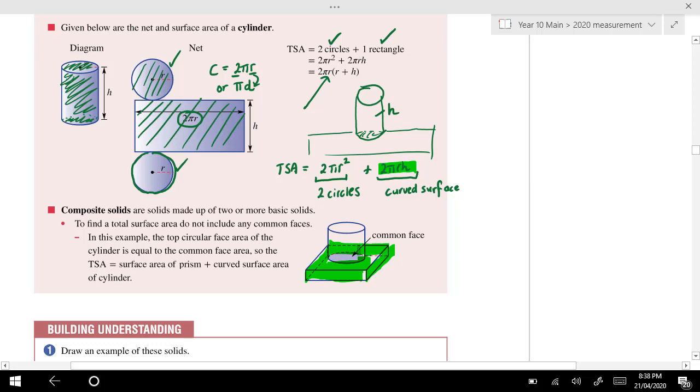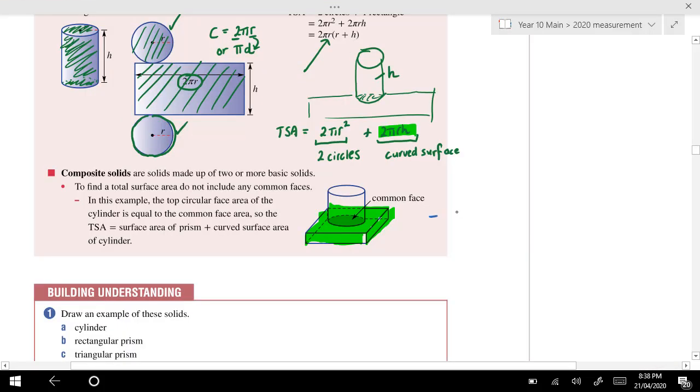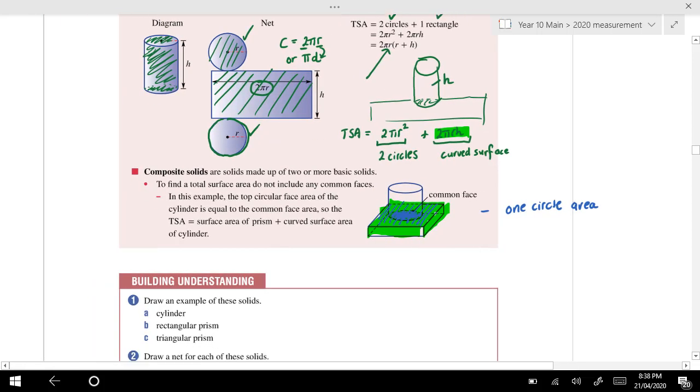But if I was to count that top side, there's no point adding 2 circles, because I'd basically have to take 1 circle away. If I was trying to paint that, you wouldn't need to paint this surface here, would you? You'd have to take that away. And if I was working out this area here, I've already counted this rectangular area, which includes that circle, so I'd also have to take that away again.